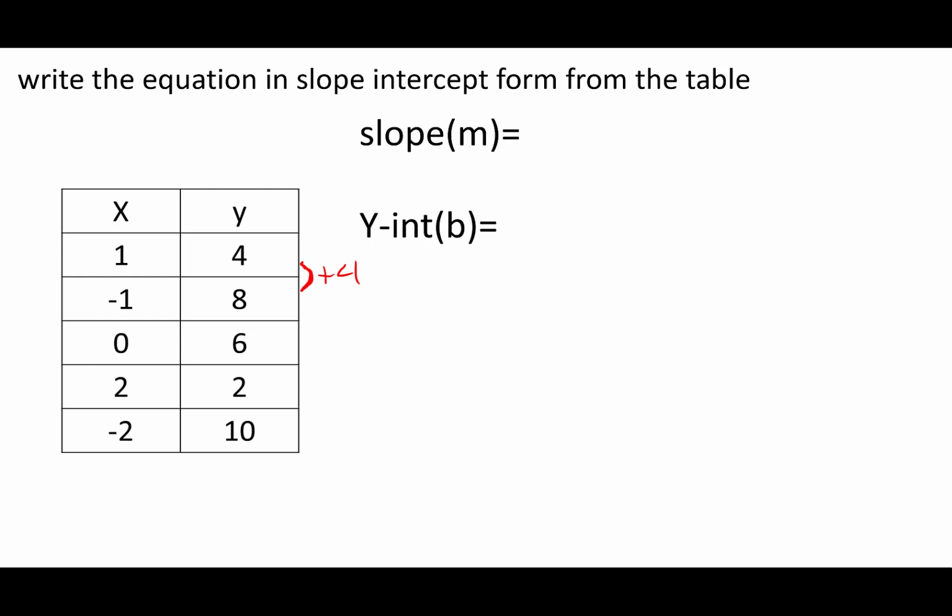And if I'm unsure if it's linear, I would check every one. But since I'm pretty sure I'm positive it's linear, I'm going to... And then how do I go from 1 to -1?